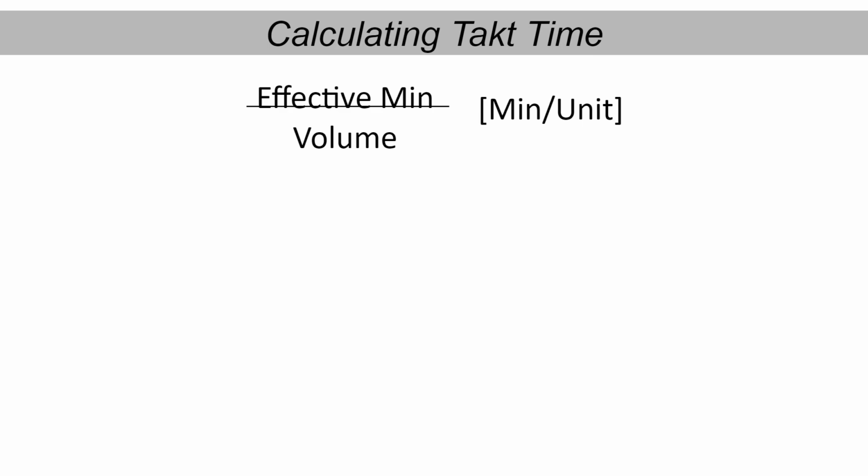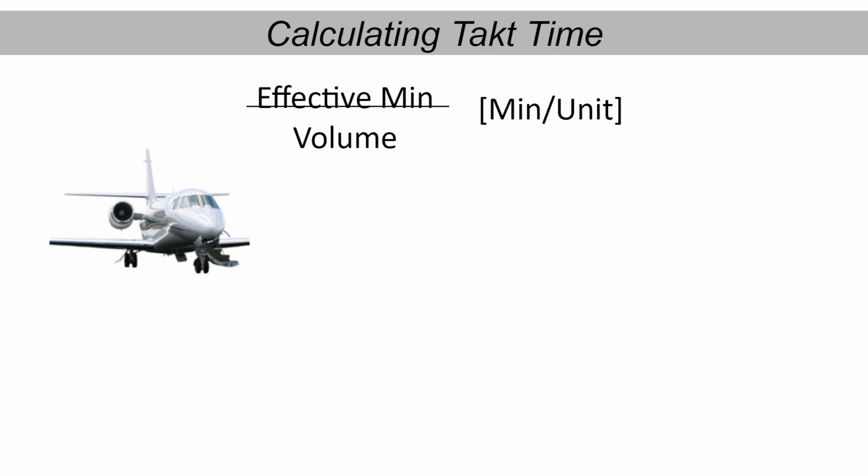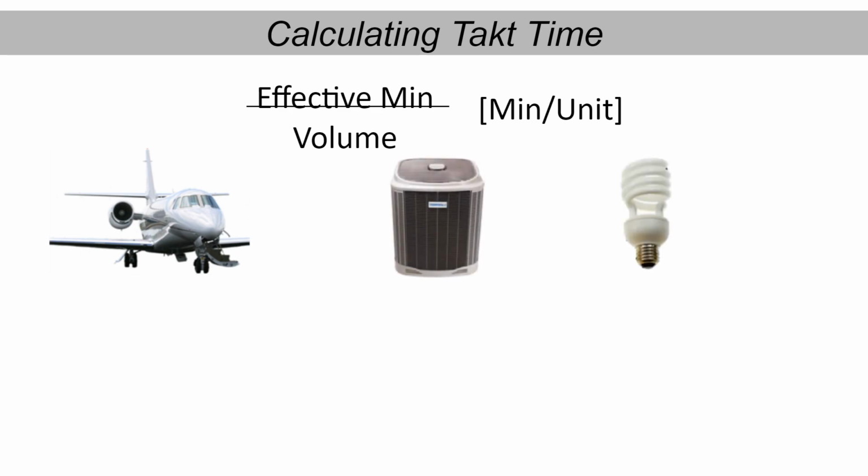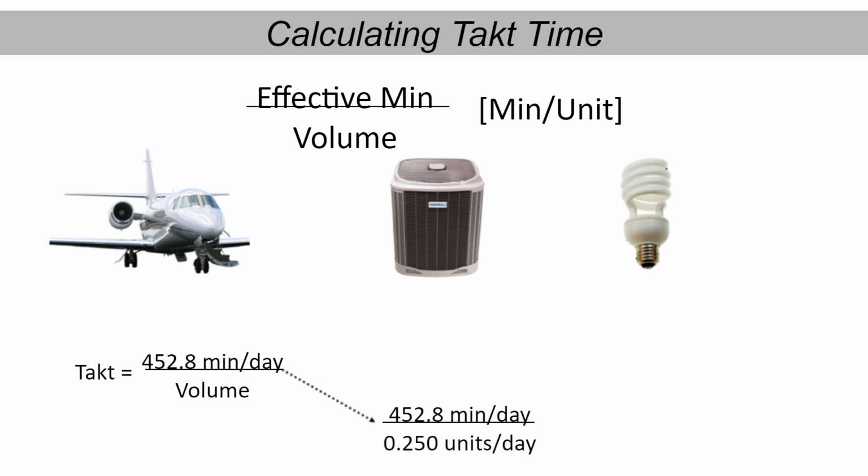For our three calculations, we held the effective minutes as a constant at 452.8 minutes per day and introduced three different volumes: one low volume example, one high volume example, and one in the middle. Low volume. Take a look at the calculated takt, 1,811 minutes per unit. Now picture that metronome.